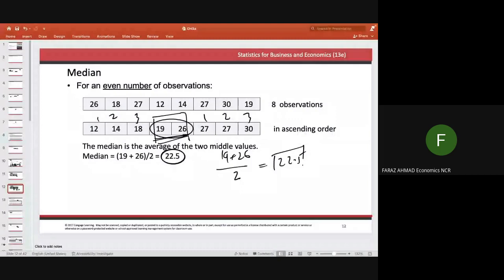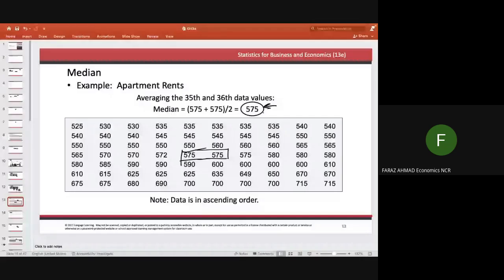So 22.5 would be the median. In this apartment rent example, the middlemost values are the 35th and the 36th value, which are 575 and 575. If you take the average, it would be 575. So 575 is the median, while 590 was the mean, right? So there's a difference between the two in this case.